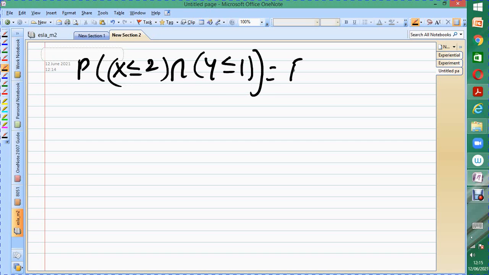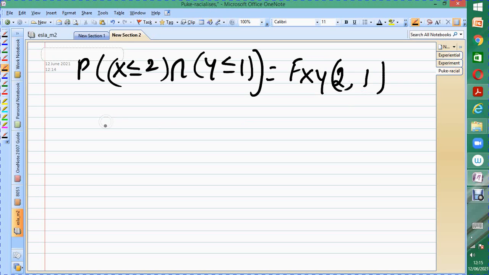For this we need to write the CDF F(x,y) with x and y. Here x is bounded by the maximum value 2 according to the data, and y is bounded by 1. So we need to find F(2,1), where x takes the value 2 and y takes the value 1.